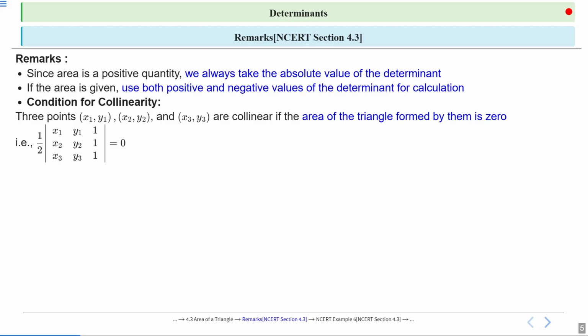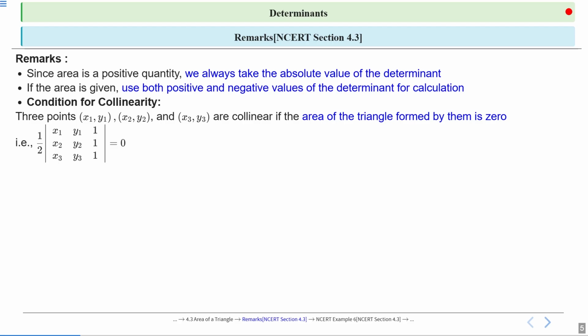That is 1 by 2 and the determinant of a matrix of order 3 cross 3. If we see the rows of this matrix, the first row is x1 y1, that is the first point, and then constant 1, and then the second row represents the second point, and the third row represents the third point, and the last column is just 1, 1 and 1.